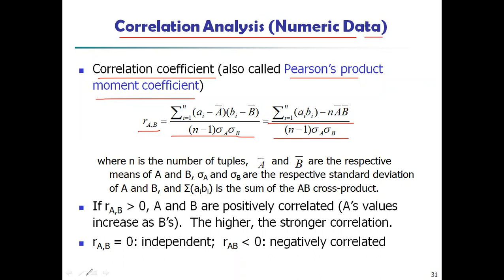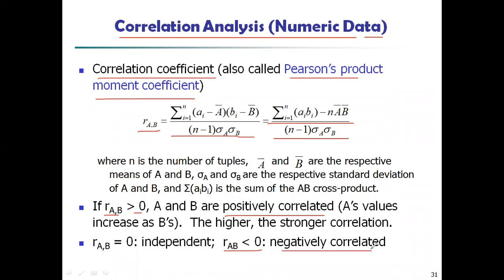If the result of r subscript AB is greater than 0, then A and B are positively correlated. There is a relation between A and B. If r subscript AB is less than 0, these two are negatively correlated.